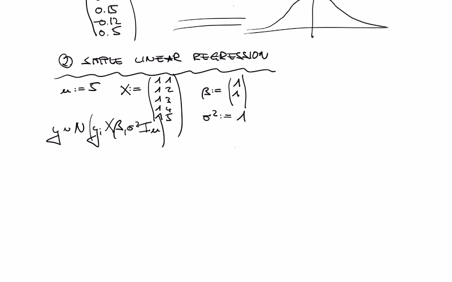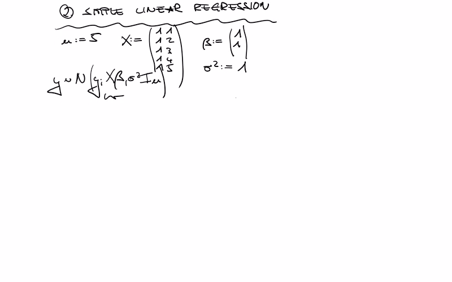So we again need to specify the expectation parameter of y and the covariance of y, which is, again, fairly easy in this case. This is just 1 times I5. So we know what that is.